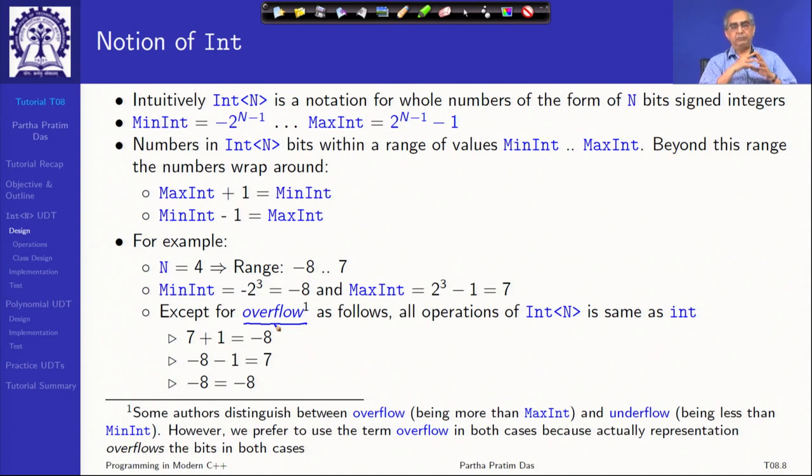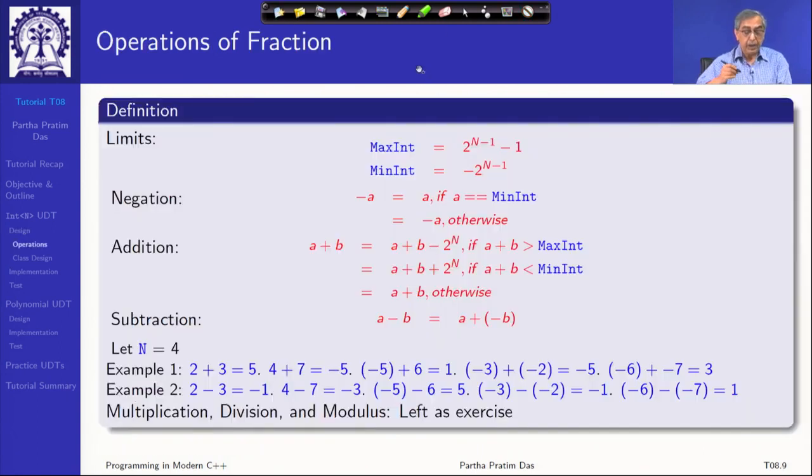But like many others, like the compilers, I prefer to call both of them overflow, because the same phenomenon happens in both cases, that is, the number of bits in the representation overflows because you are going beyond that range. So, we will consistently call both of these situations overflows.